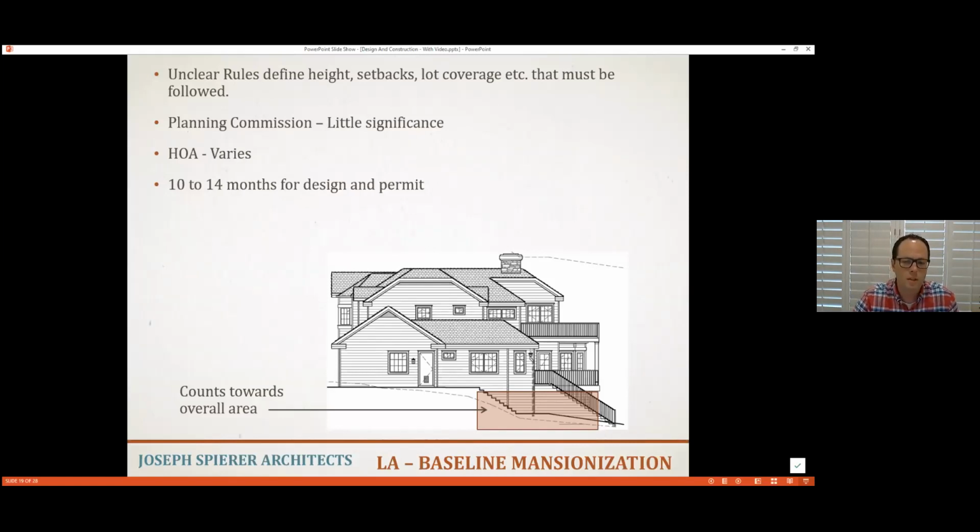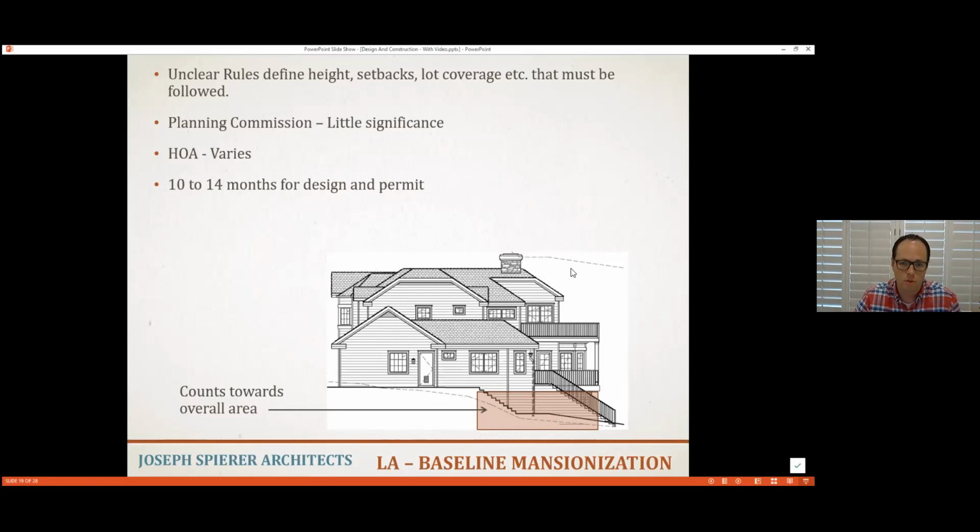So then, let's look at LA Baseline Mansionization. Let's say, for example, this is one home that we did in the Palisades. What you have here is a walkout basement, which all counts towards the square footage of the home because it's kind of open to air.